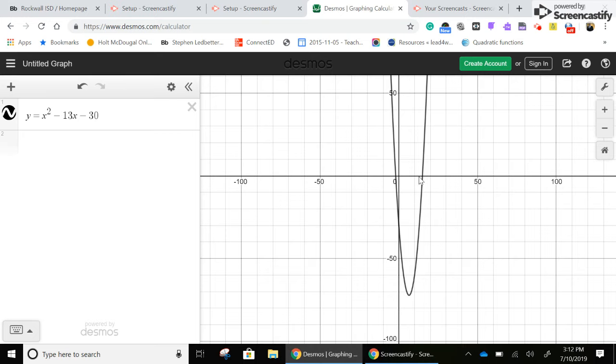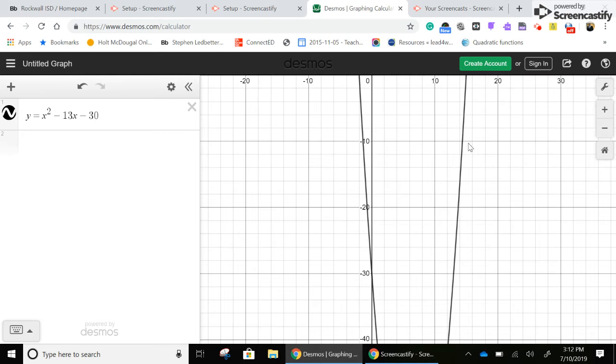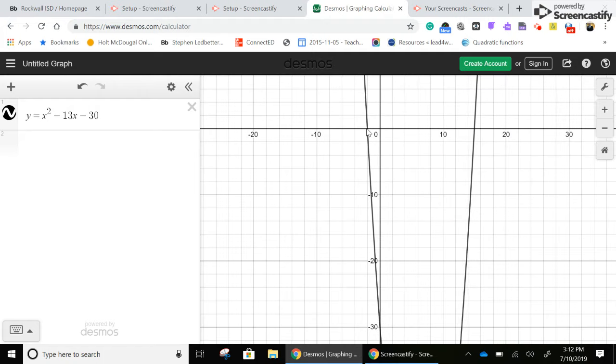You can zoom in on this to look at it a little better. You can put your cursor, click on it, and that will tell you what that root is. So you can see it's touching at negative 2, 0. And this one is 15, 0. So those are your roots, your solutions, your x-intercepts, okay?